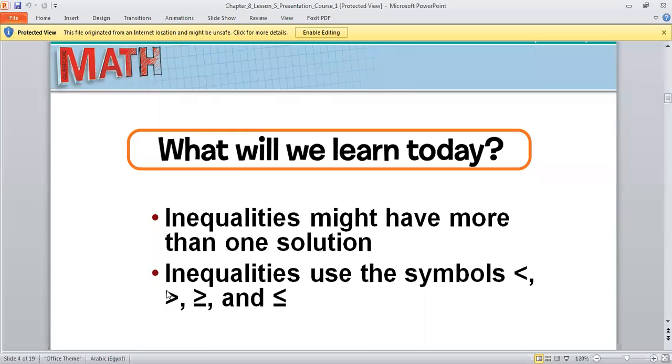Can you read the two points we need to learn today? Go ahead, Turkey. Speak up, please. Inequalities might have more than one solution.